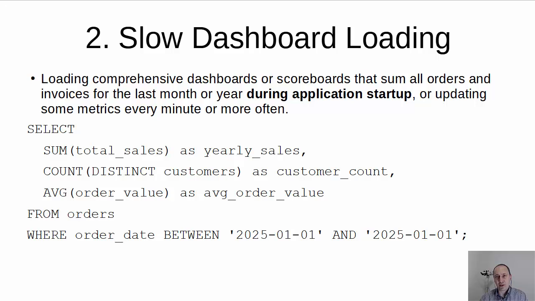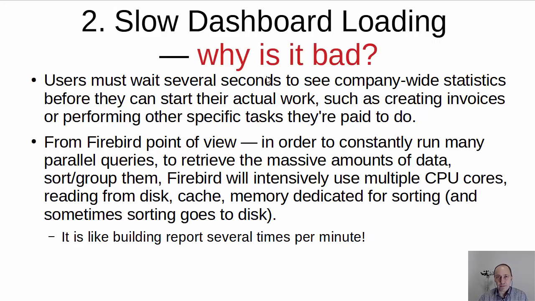If he is paid to create invoices and he has to wait several seconds every time he opens the form with invoices, it will be considered slow and irritating behavior, and the application will also be considered slow, and as a result Firebird will also be blamed as a slow database.